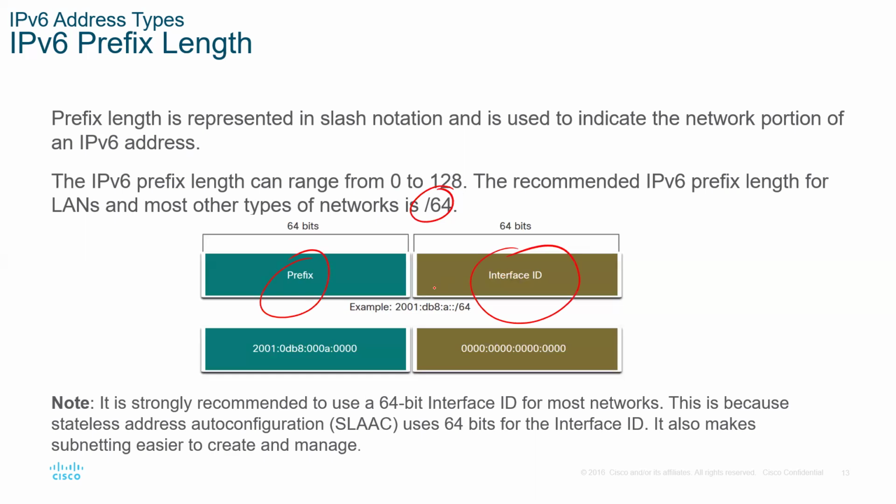And what is recommended, and what you will see during the course, is that we are going to use /64. Because my addressing space is quite large, you will not see subnetting that much. You will just see /64, not /24, 25, 26, 27.